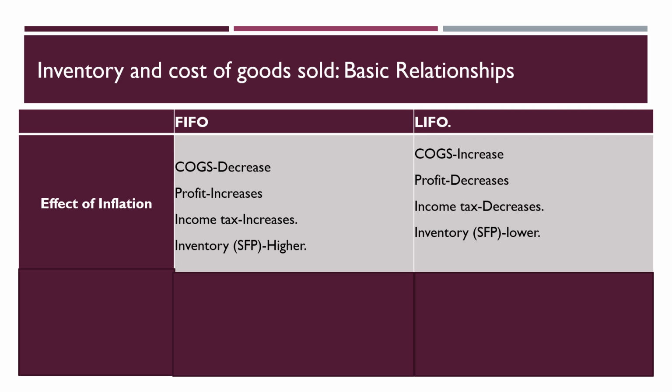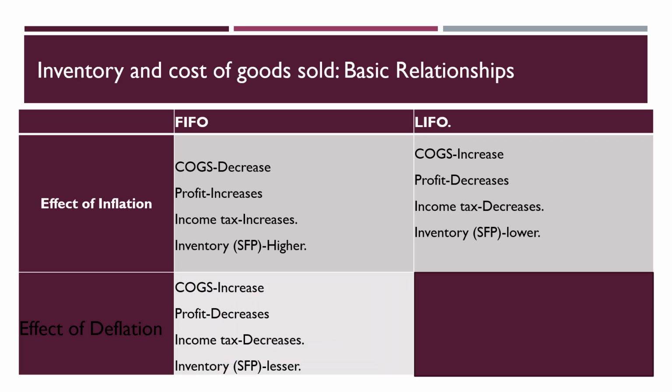Now let's see what will happen in a deflationary situation. Deflation is the gradual decrease of price levels. Converse to the inflation scenario, the cost of goods sold increases in FIFO. At the same time, the accounting profit is lower.